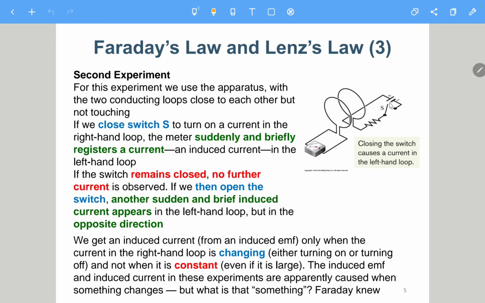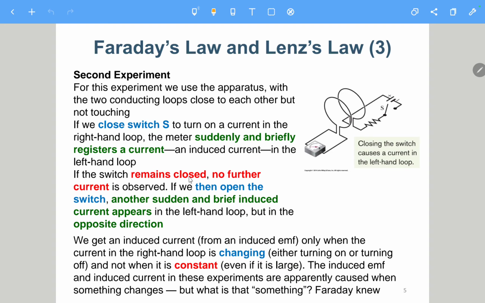So here we don't have any relative movement, but we make there be current or no current. If there is current, there will be magnetic field generated by this loop, like a magnetic dipole. If there is no current, then there's nothing. So for this experiment, we switch S on to turn on a current in the right hand loop, and the meter suddenly and briefly registers current.